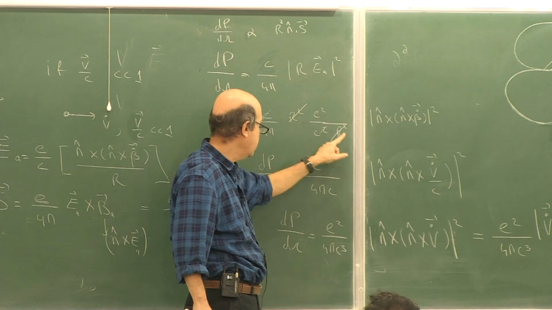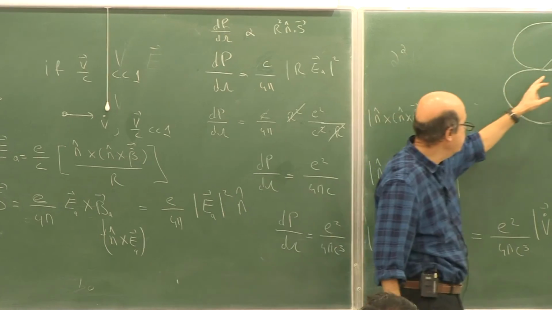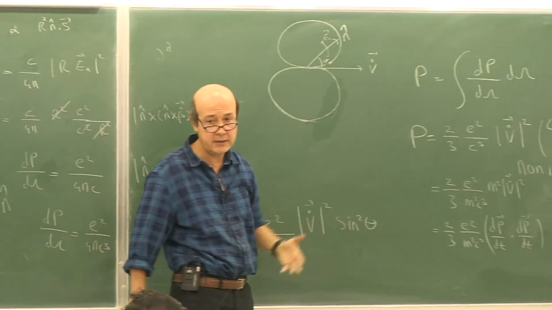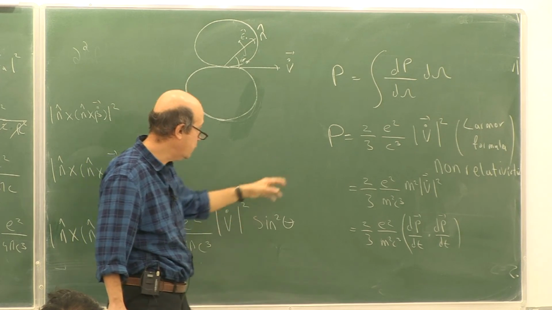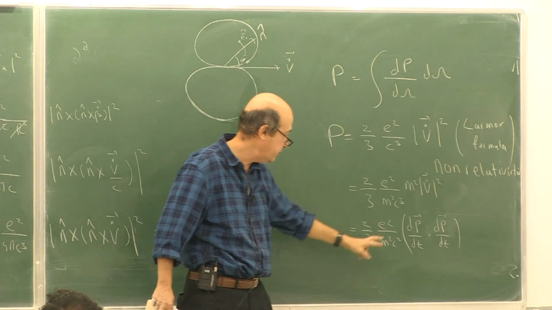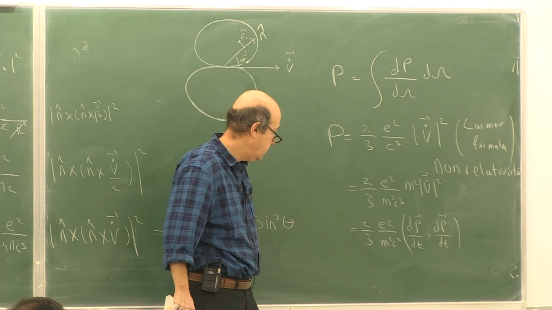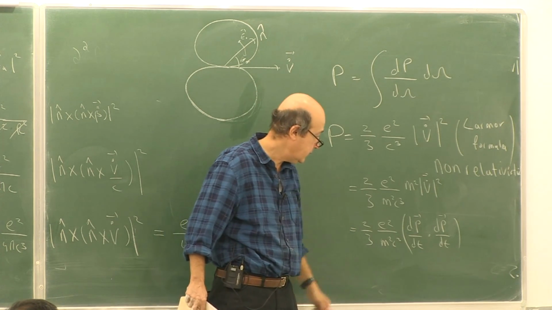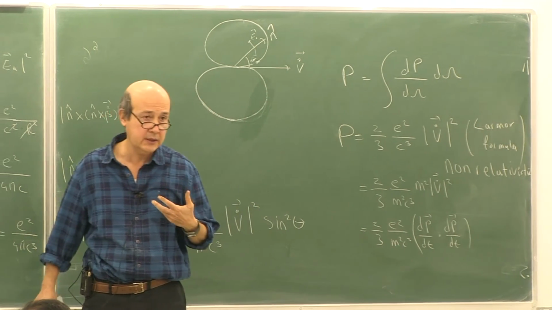These r squared terms cancel out. So if the charge is accelerating, the pattern is the dipole, and the total emitted power can be written in terms of the total applied force. Next time we will study this by generalizing to the relativistic case. Okay.